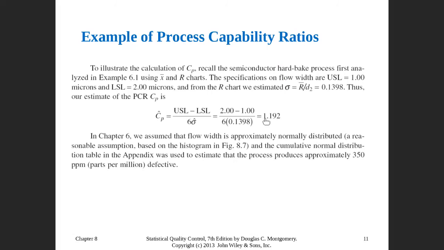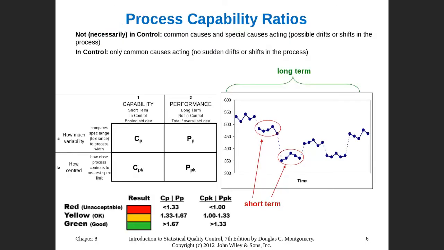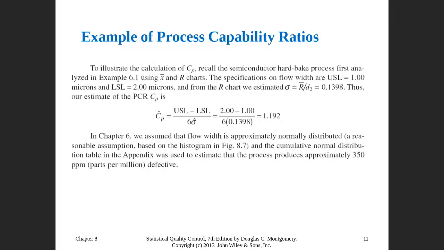We have the CP value found to be 1.198. Let's go again to the slide. 1.19 means it is less than 1.33. So the process is not capable based on the variability. And if you calculate the CPK, you may also find it is not capable for the centering. So the process is not capable.